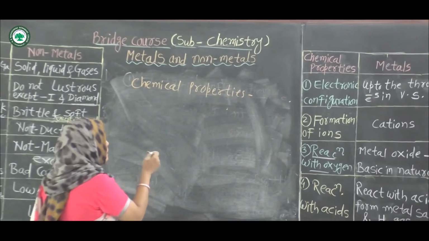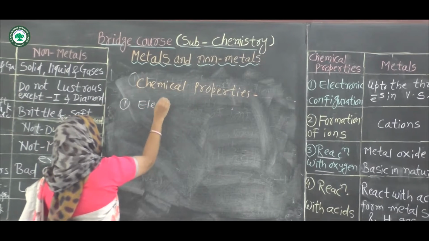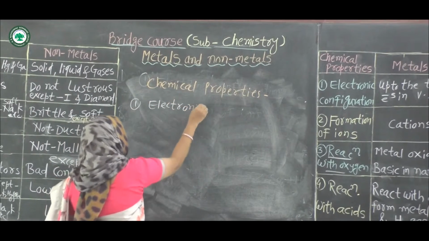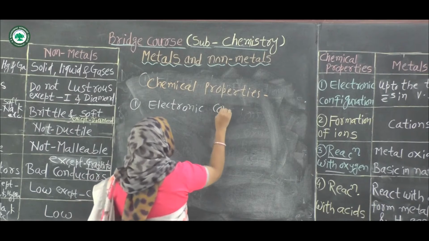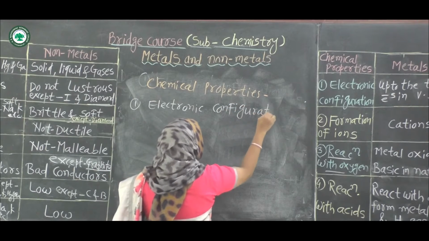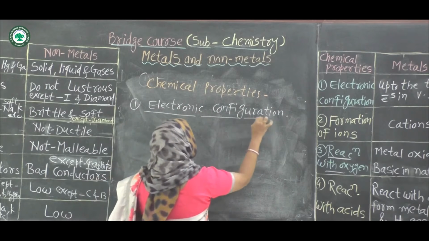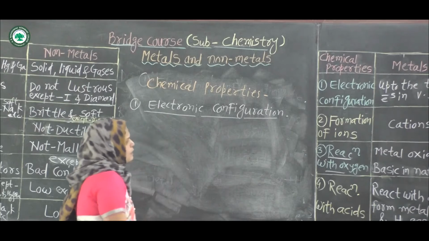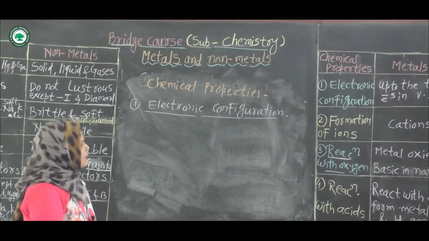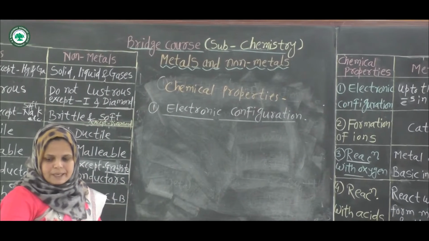In which, the first chemical property is electronic configuration. It is the most important chemical property, electronic configuration, for metals as well as non-metals.